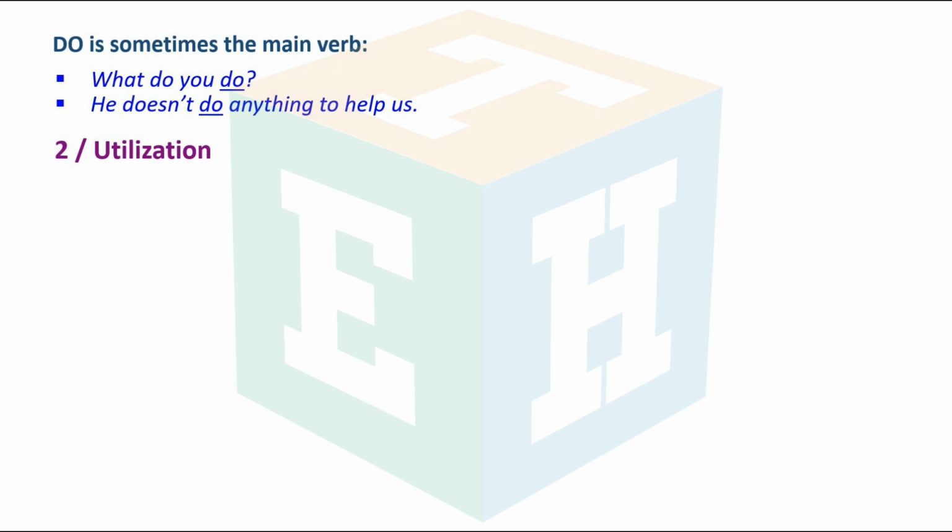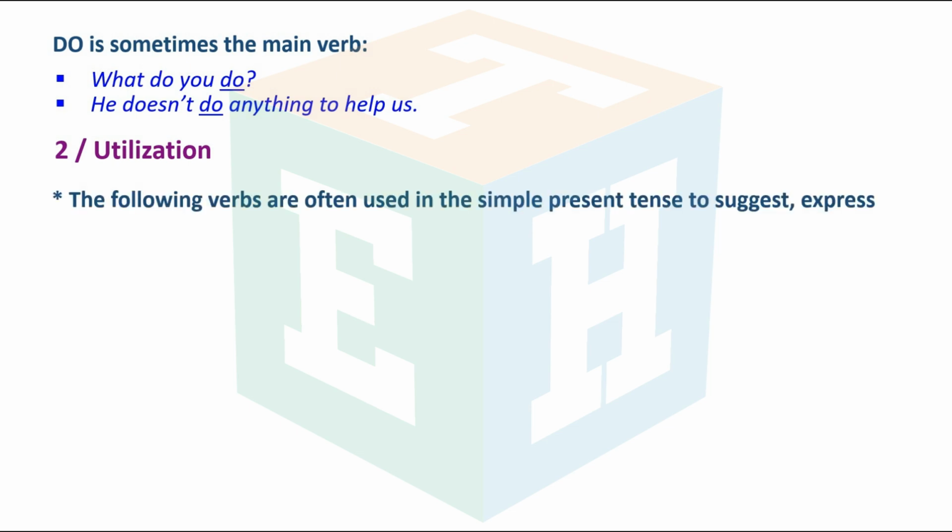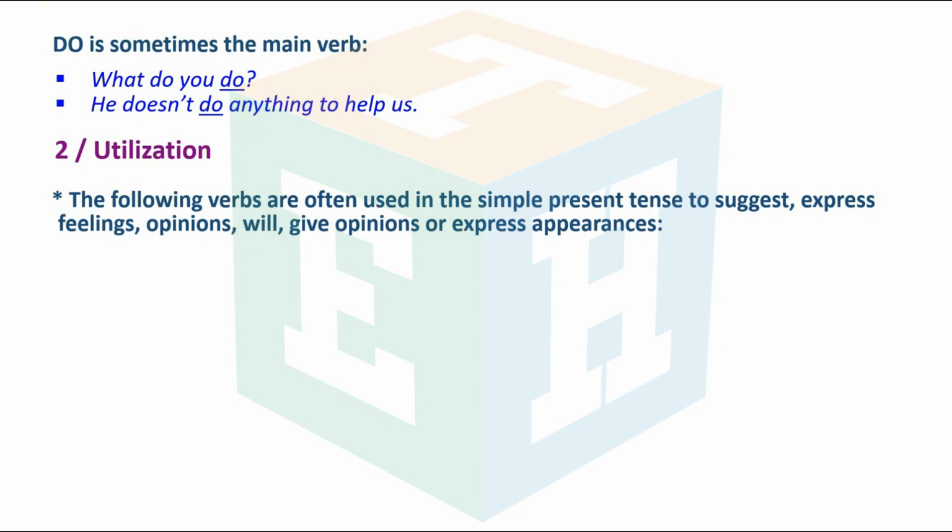Number 2, utilization. The following verbs are often used in the simple present tense to suggest, express feelings, opinions, will, give opinions, or express appearances. I apologize.